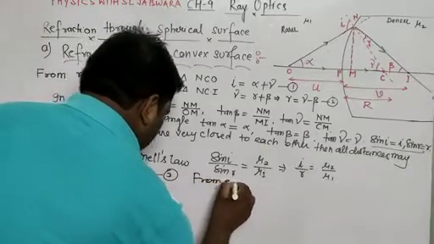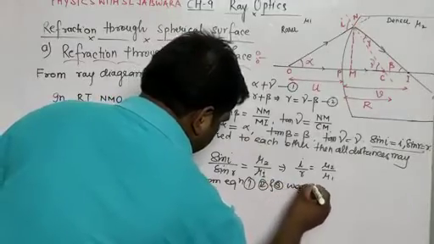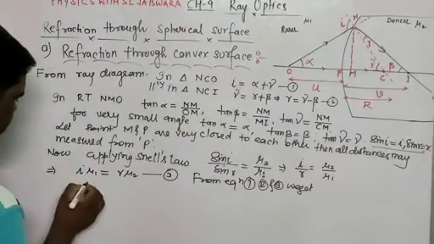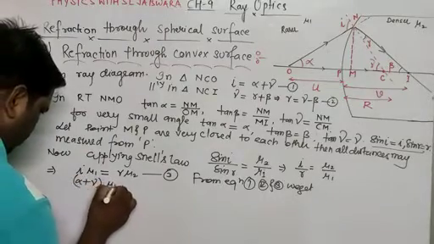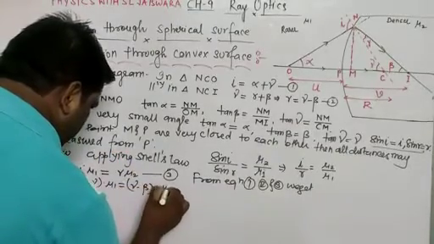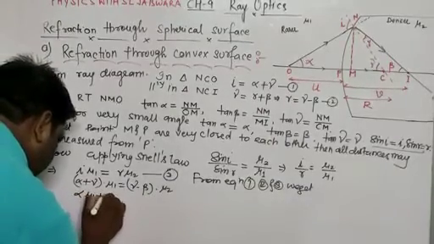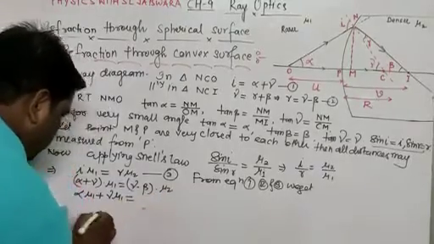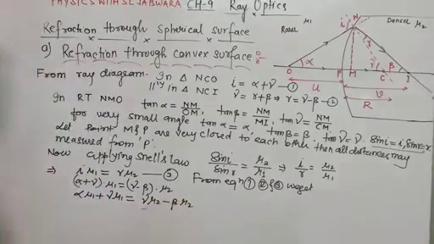So from equations 1, 2 and 3 we get, I can be written as alpha plus gamma, into mu1, equals R, that is gamma minus beta, into mu2. Let us open this bracket. We get alpha mu1 plus gamma mu1 is equal to gamma mu2 minus beta mu2.